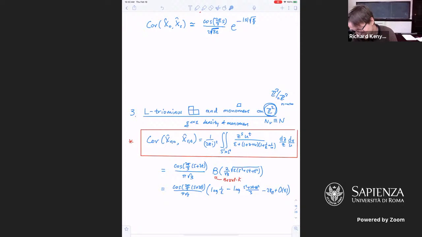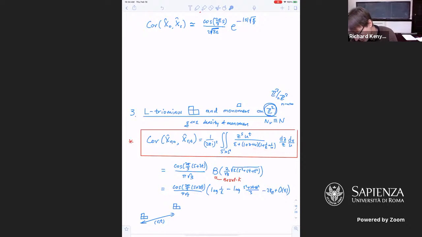You see the same kind of thing, right? It's the Fourier coefficients, the covariance here between a tile at the origin and a tile at a point s,t. Right here, where there's one tile at the origin, and the other tile is far away at distance s comma t, is given by the Fourier coefficients of this similar kind of function. In the denominator I get epsilon plus this characteristic polynomial of the tile times the characteristic polynomial of the tile conjugate.